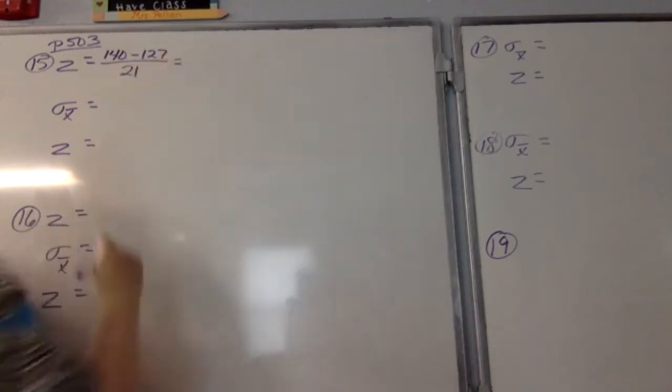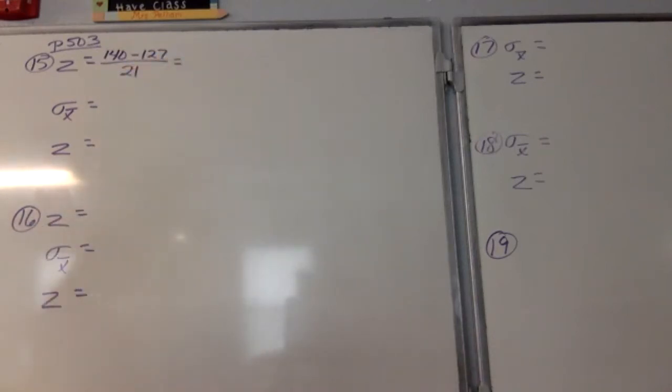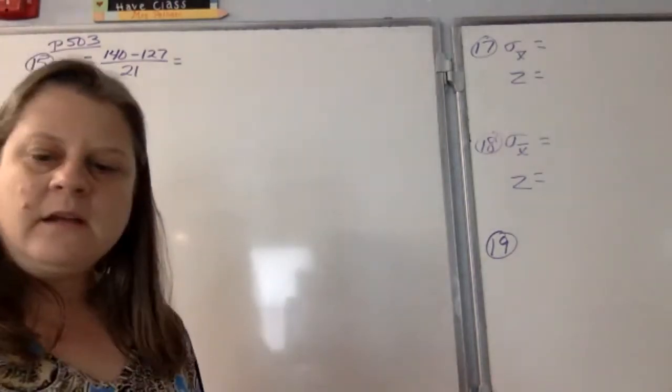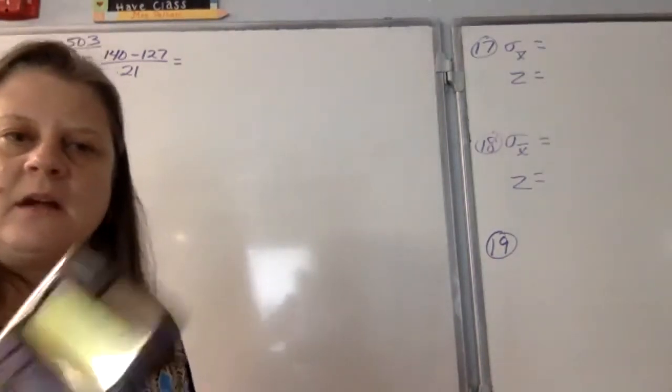And then this is going to give us a z-score. You always get a decimal. Z-scores usually only have how many decimal places? 1.